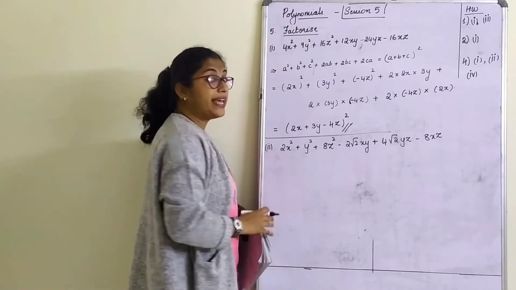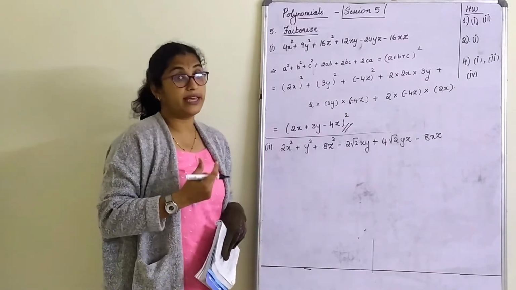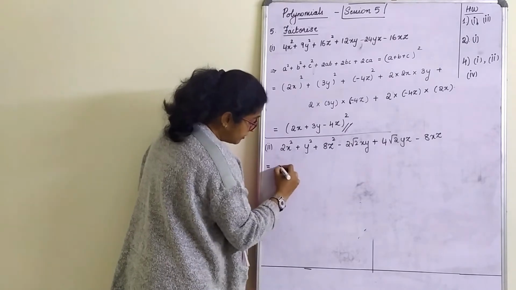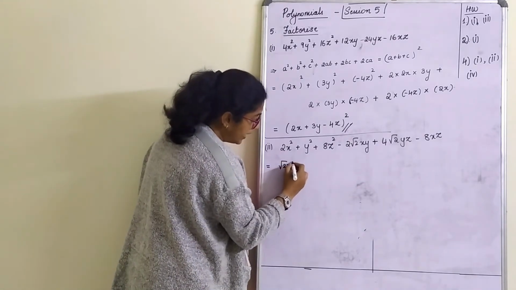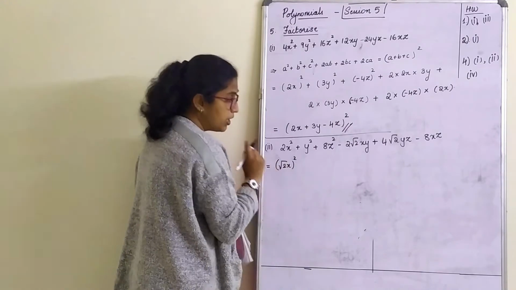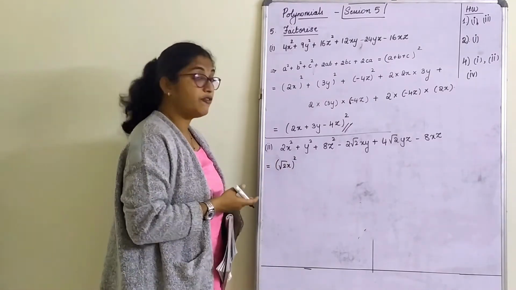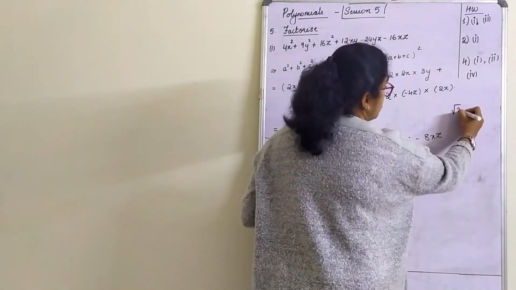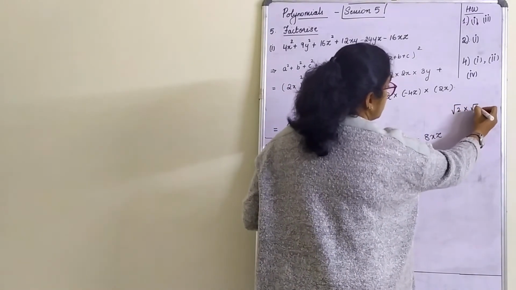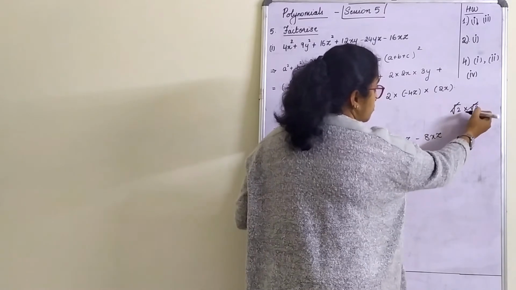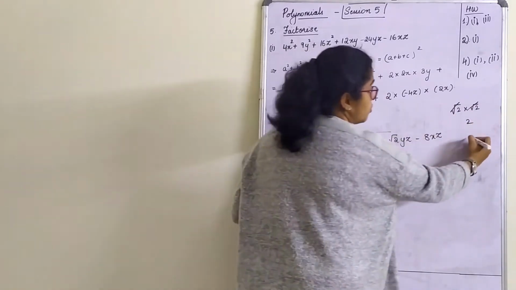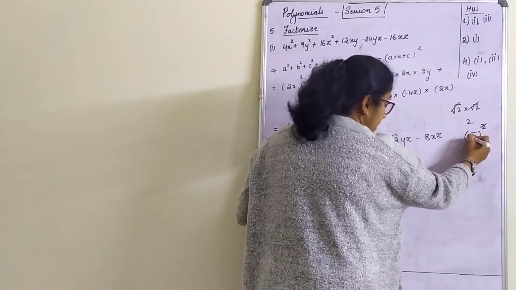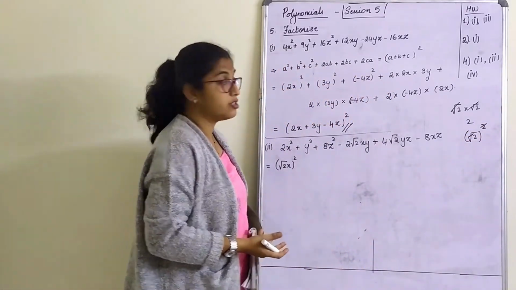Now it is 2x square. How do I write 2x square in the form of a square? So can I write it like this: root 2x whole square? Why root 2x whole square? If you can recall in the previous part, I had just told you root 2 into root 2, root and root will get cancelled, answer is 2. Or square root whole square, square and root will get cancelled, answer is 2.